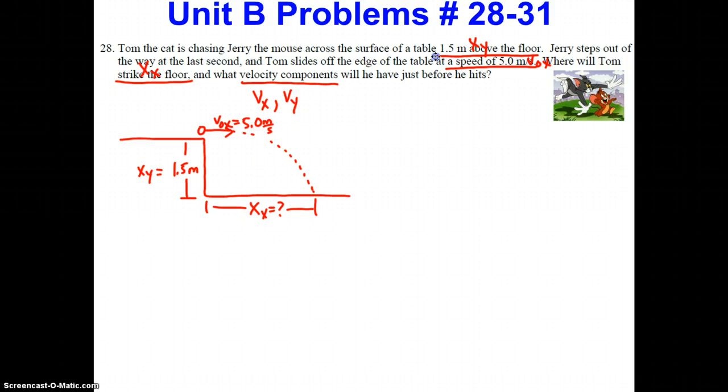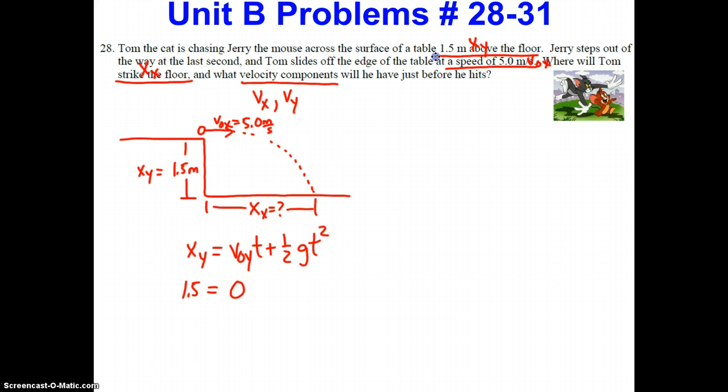So we're going to start off with here, XY equals VOYT plus 1/2 GT squared, using our equation that defines the motion of the projectile vertically. 1.5 meters is the vertical displacement.